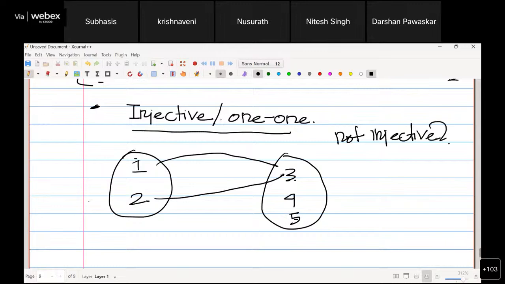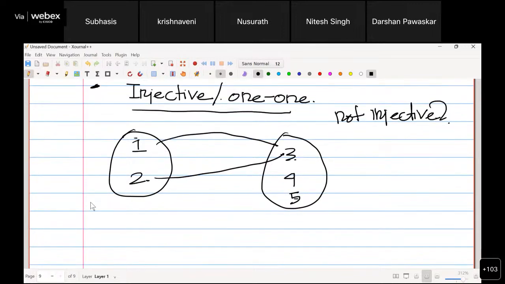Not an injective function. Because as you can see, this kind of thing is not allowed. Someone actually asked whether the reverse is applicable or not. So for an injective function, this is not allowed. As you can see, 1 is going to 3, 2 is also going to 3. Two different elements.